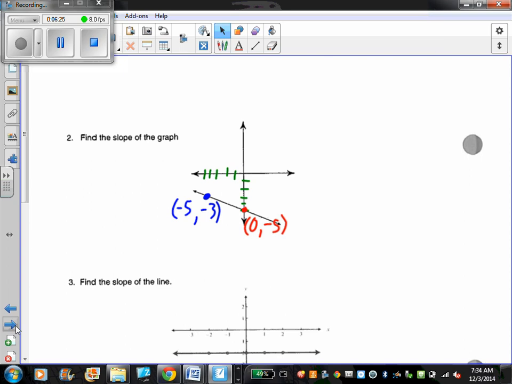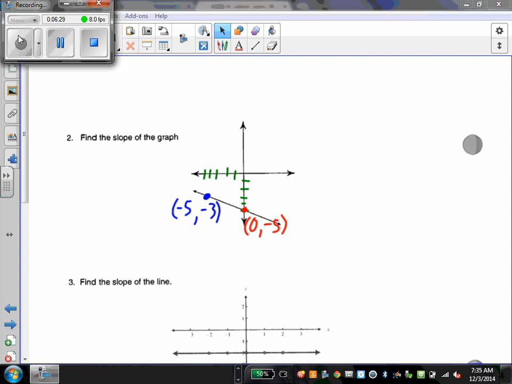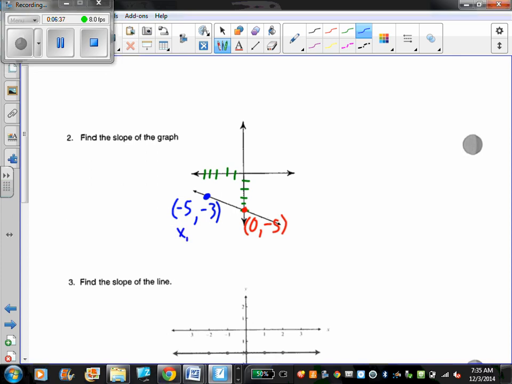So, now that we have our points, we can find the slope. So we just need to choose one of these points as x1, y1, the other one is x2, y2. Let's call this one x1, y1, and we'll call the one in red x2, y2. Okay, so now we just do slope.